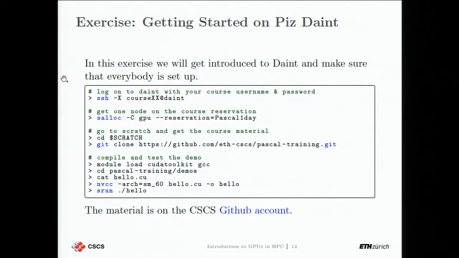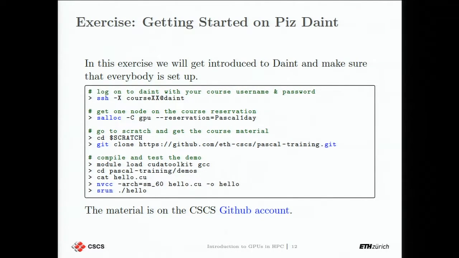Okay, so I've updated this to add this line here, module load CUDA toolkit GCC. I'm assuming that everybody has a terminal application and they know how to use a terminal to log on somewhere.